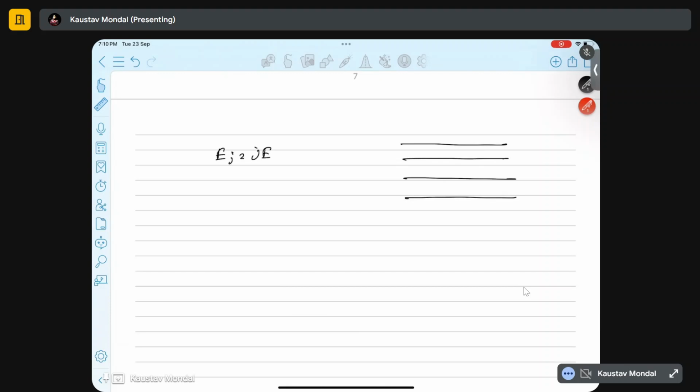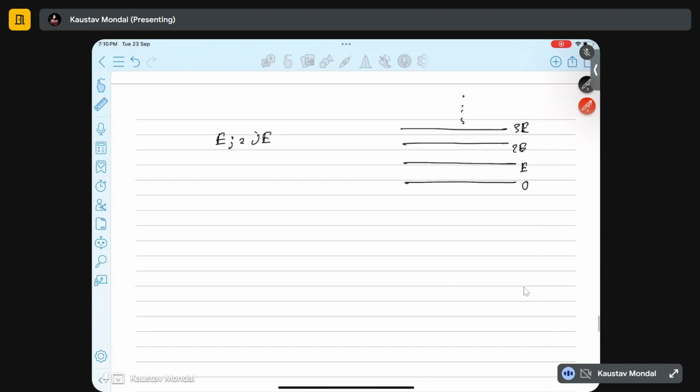So it's like 0, ε, 2ε, 3ε, and so on. This is how the energies form a kind of energy ladder, where each level is separated by the same amount.